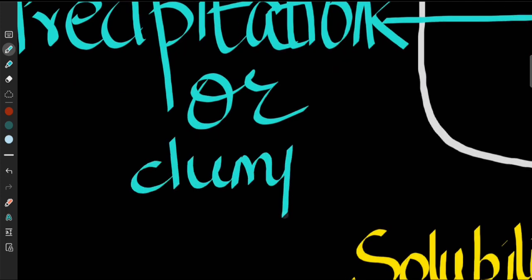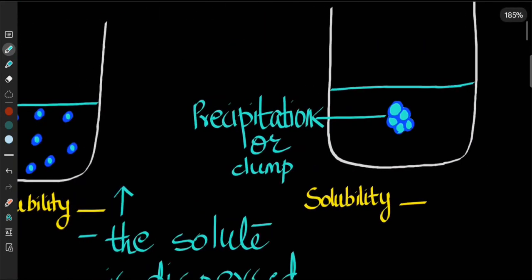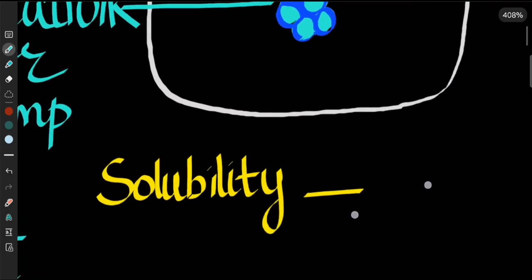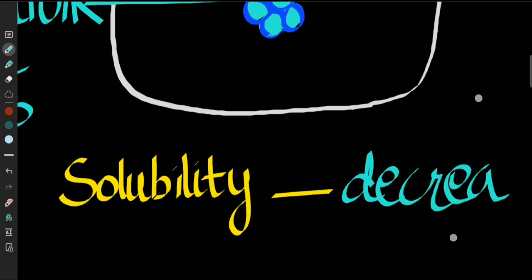Now, what do you think the solubility in this case would be? Because over here the solubility was quite high, right? Because the solute and the water molecules were forming bonds with one another very properly. But over here, the solubility will decrease. Can I say that it will decrease? Yes, the solubility has decreased.